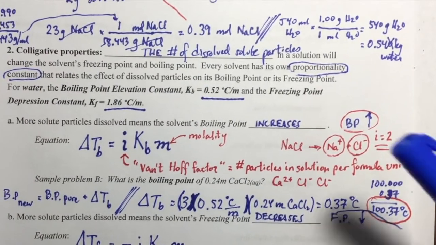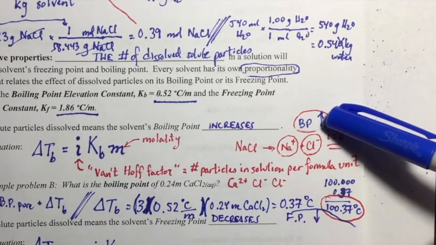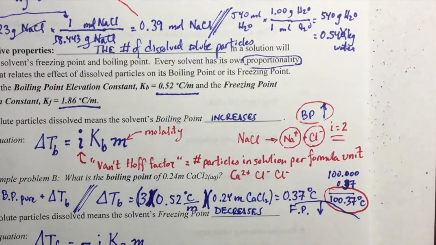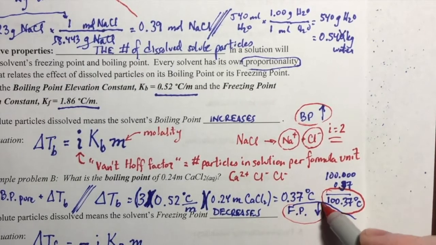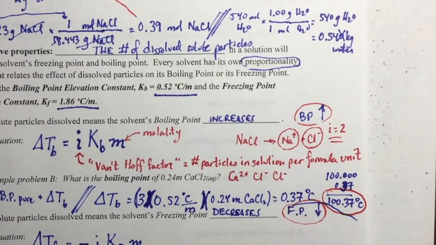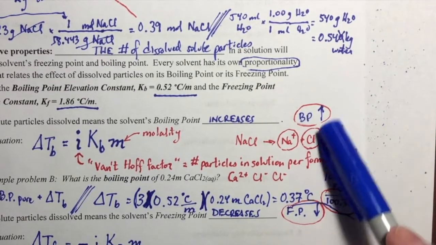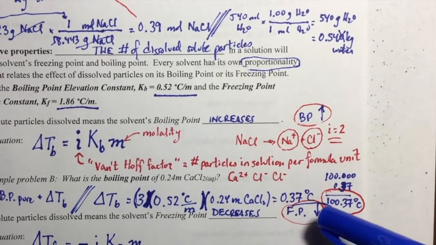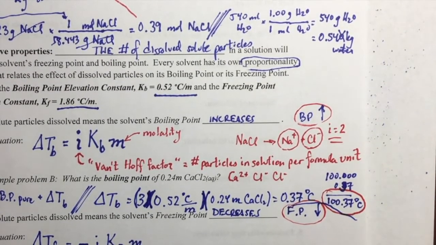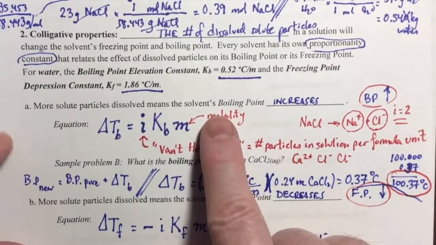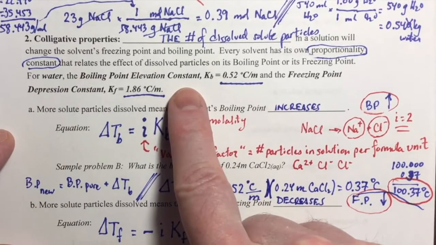Secondly, always remember that boiling point increases when you add solute particles, and freezing point depresses or lowers as you add solute particles. So they do not head in the same direction. They head in opposite directions when you add solute particles. And be especially careful to make sure that you're using the correct constant.